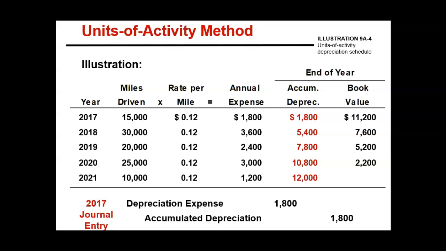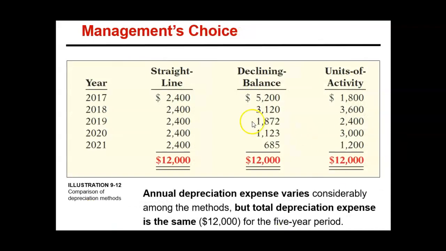Regardless of the method chosen, the account types are the same. You always debit the expense for depreciation account and credit the contra account known as accumulated depreciation. Okay? It's just a timing issue.